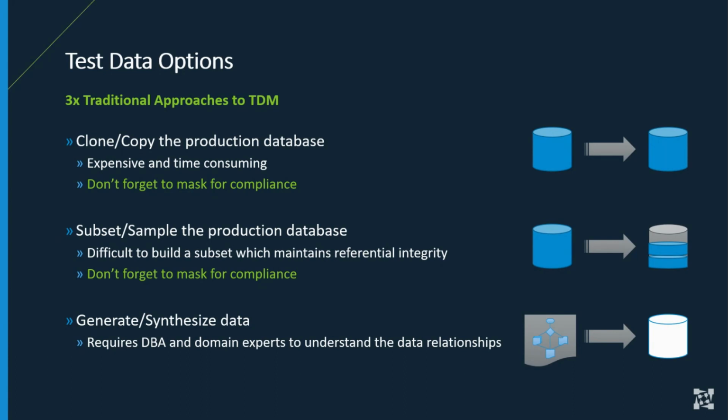So being able to subset the right data, but also subsetting the data in the right places where other components within your system, where other components or applications are honored with that subset, you have to have very intimate understanding and very expert knowledge, not only of the data sets but also the system under test, right? And what those individual components are, not just the components that you're testing, but the overall system, the overall architecture, in order to make sure that you're subsetting and you're sampling the right data from that production database.